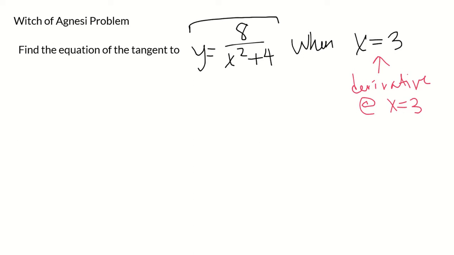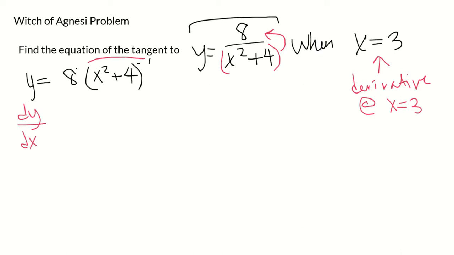So dy dx, we can either do the quotient rule here, or we can move this up and give it a negative exponent, so we could rewrite y as 8 times x squared plus 4 to the negative 1 power, and then use the chain rule. I'll show that way.